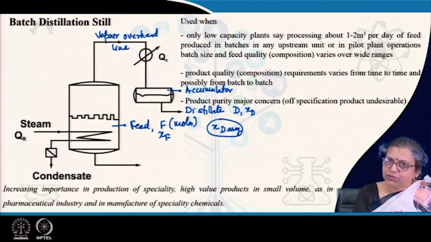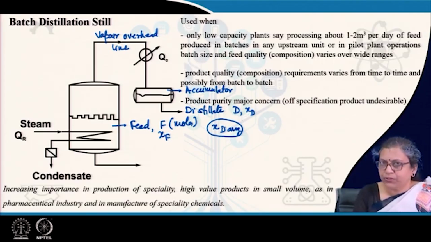Then gradually the composition is going to be depleted in the more volatile component. One thing I had mentioned repeatedly earlier: when we denote these compositions, they denote the composition of the more volatile component, in case of binary mixtures or ternary mixtures as well.